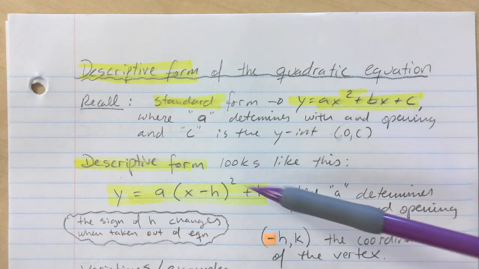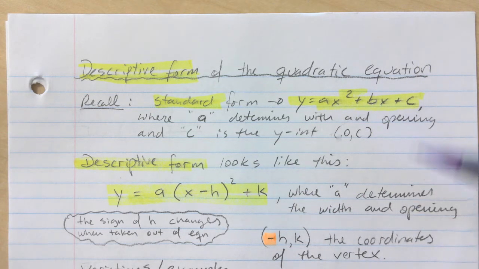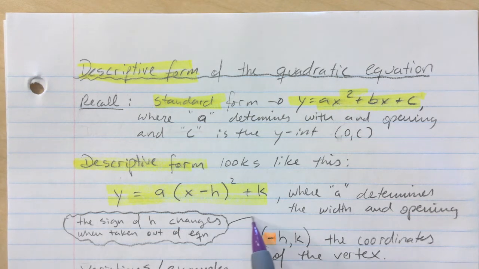So the descriptive form doesn't give us the y-intercept at all, but it does give us the coordinates of the vertex. So that's where that sign comes from, okay?